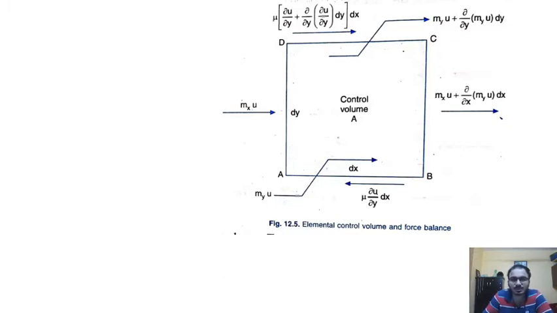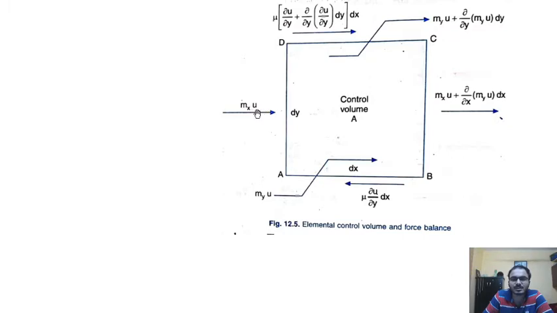As this is the momentum equation, on the face AD we have the momentum entering this control volume as mx into u.